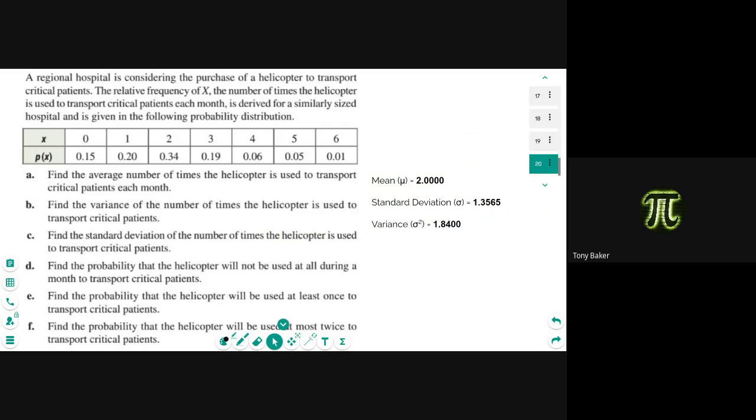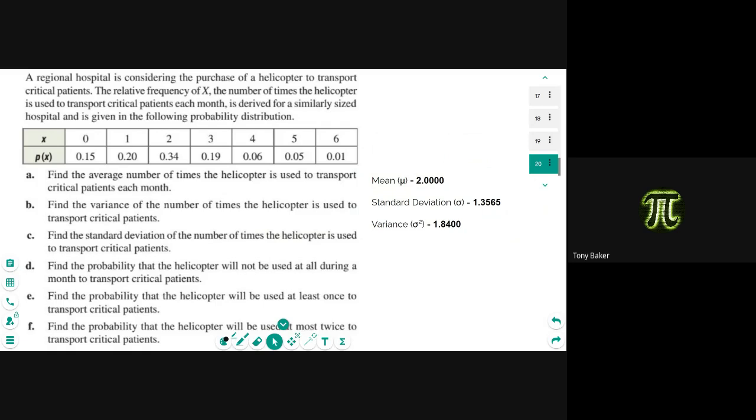What's the probability that the helicopter will be used at most twice during the month? At most twice. 69%, yes. Because we'd add the 0, the 1, and the 2.